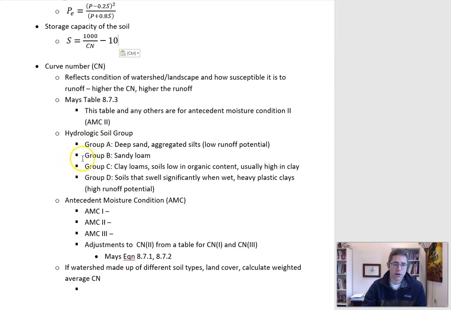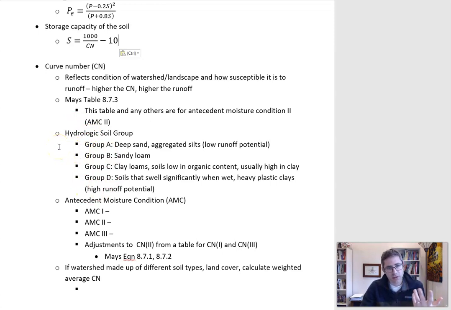Based on the type of landscape you have, like in that table, there's things like quarter-acre residential lots, gravel, lawns in good condition. There's a whole agricultural section for row crops, small grains, meadow, woods, farmsteads, all sorts of different things. Based on the kind of landscape and the soil group, you can look up the curve number.